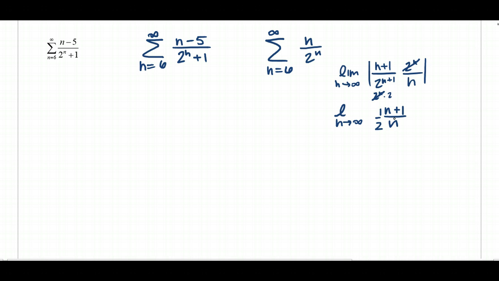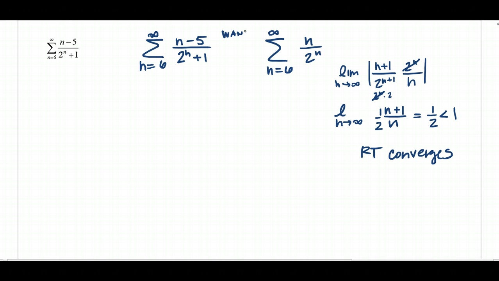So since these degrees match, I'm taking a limit at infinity. I drop the absolute values because everything we're talking about here is positive. So this limit is going to converge to 1/2, which, by the ratio test, since this value is less than 1, tells us that this series converges.